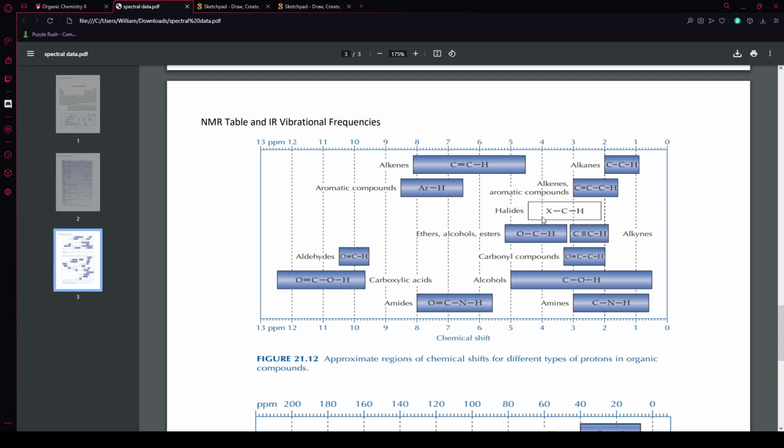It could be a halide, but we don't have any halides in our compound, so we're just going to get rid of that right now. And so that gives us that the other two peaks are going to be either the hydrogens on the carbon attached to the oxygen, or the hydrogens attached directly to the oxygen.